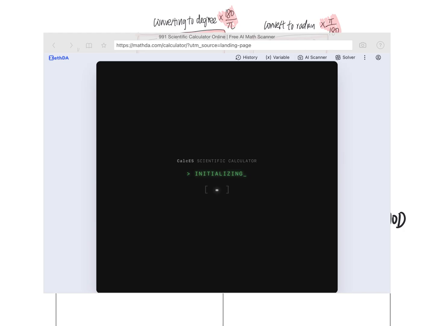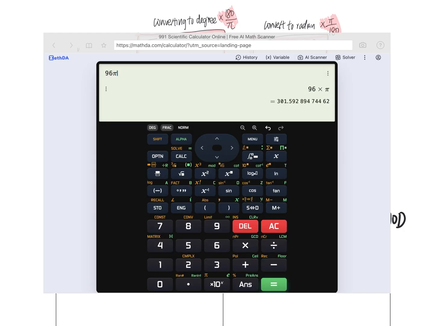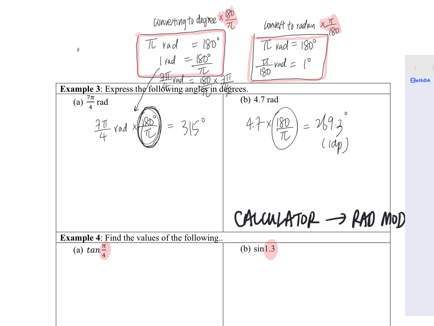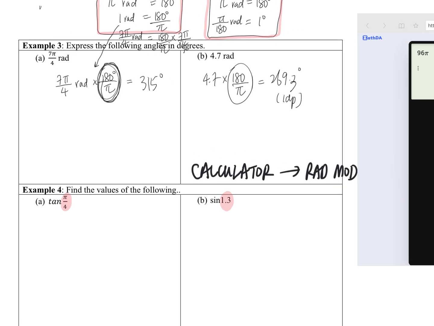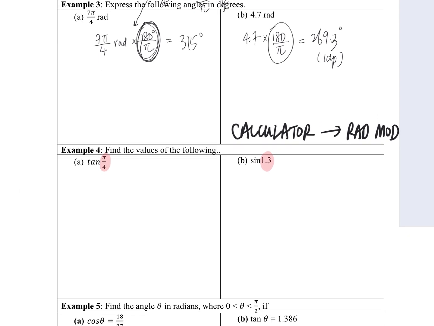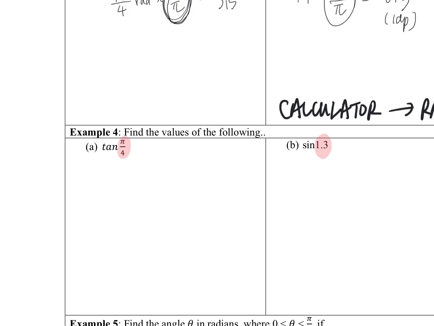So how to tell? Normally, when I ask you to calculate tangent or sine or cosine, it's always something with a degree symbol: tangent 30 degrees, tangent 45 degrees, tangent 38 degrees.